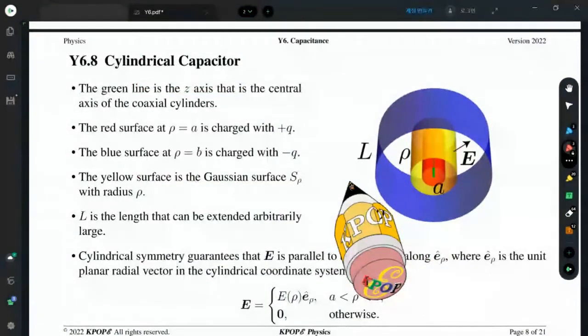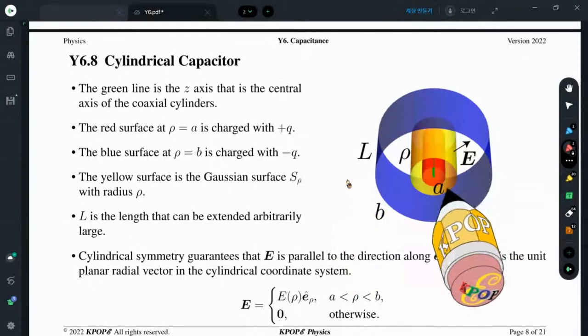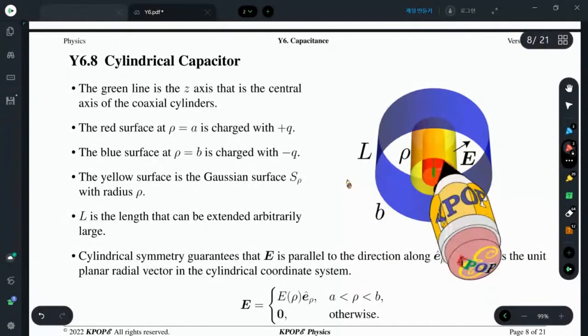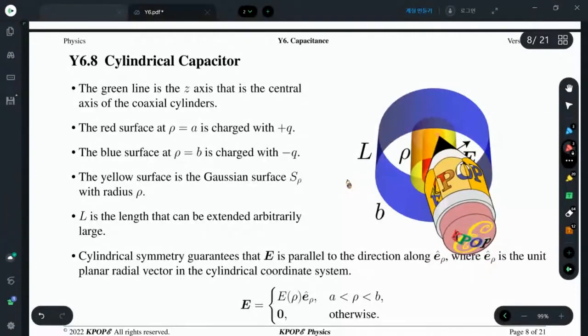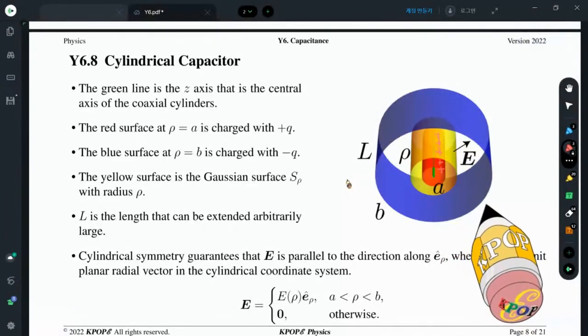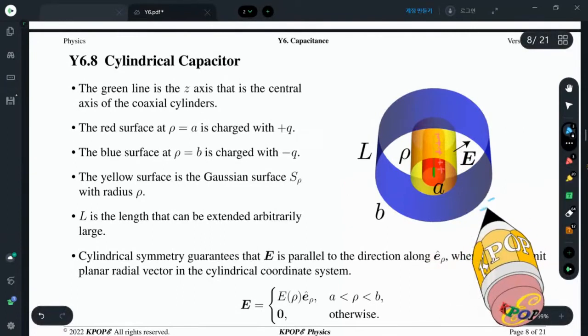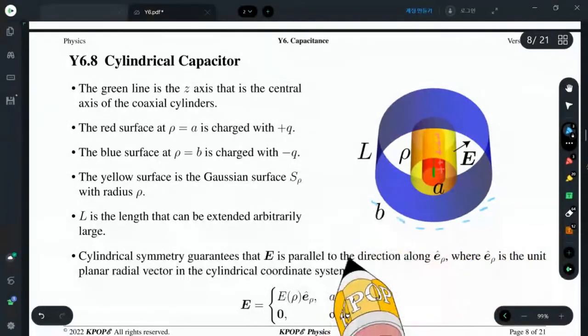What happens if we consider a cylindrical capacitor? The cylindrical capacitor is this one. The red one is charged with positively charged particles, and the blue one is a cylinder that is charged with negatively charged particles.